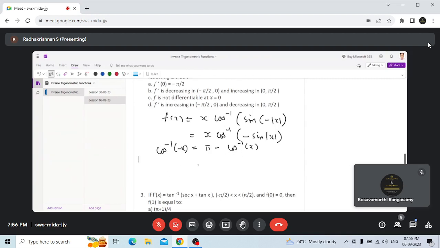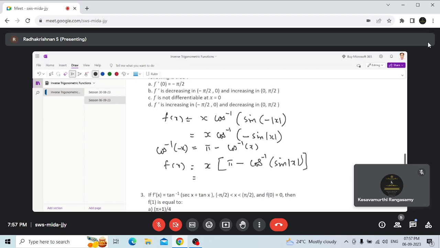Okay. Now, therefore, this f of x, again, we'll come back to the problem, equal to x into cos inverse of minus x equal to pi minus cos inverse of... okay, and what will be pi minus cos inverse of something?